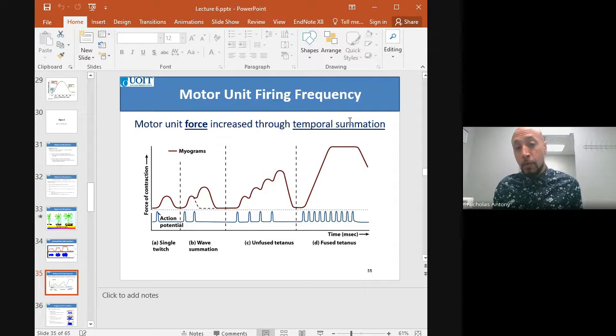This is temporal summation, just like Sean had said, and it's a similar process to the local potential temporal summation that we had talked about in the previous lectures. So when there are successive twitches of the same muscle, there's a temporal summation of the force.